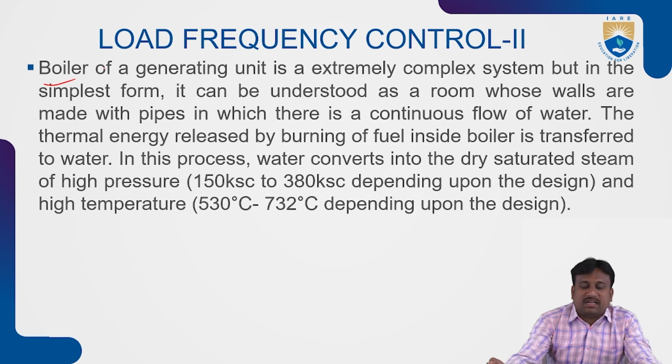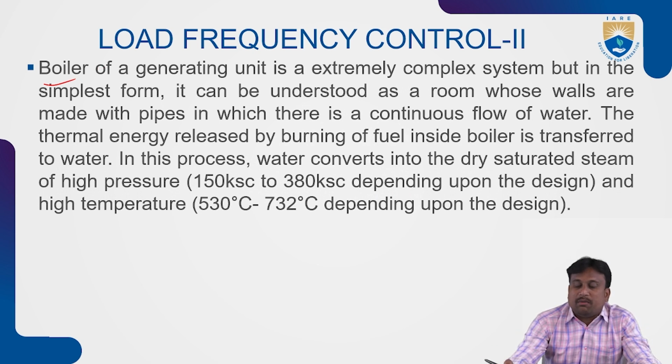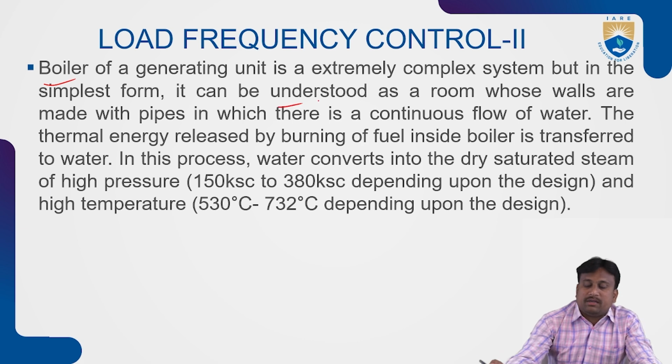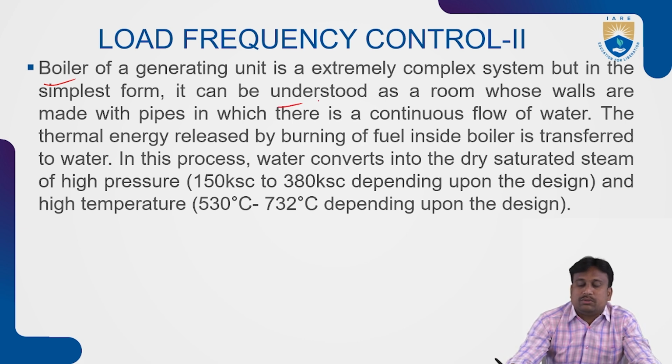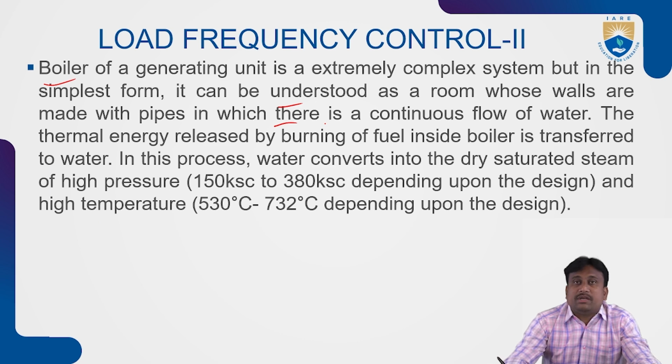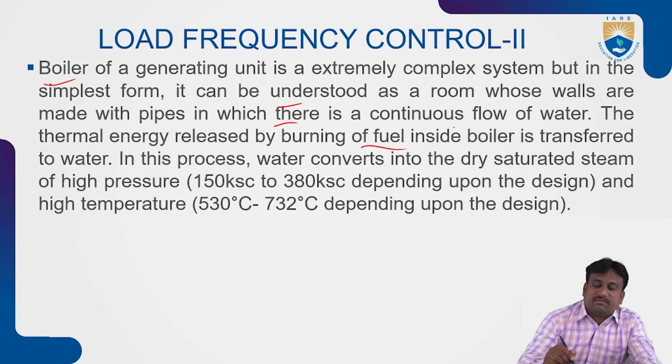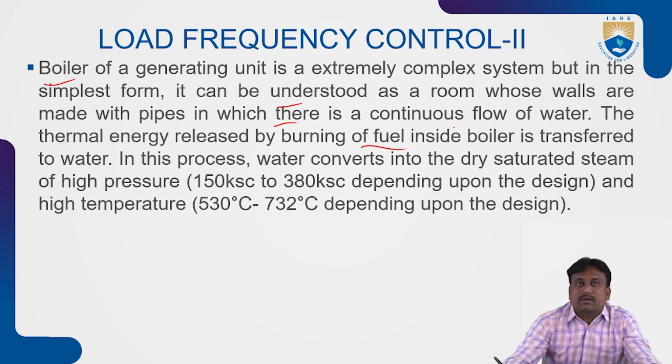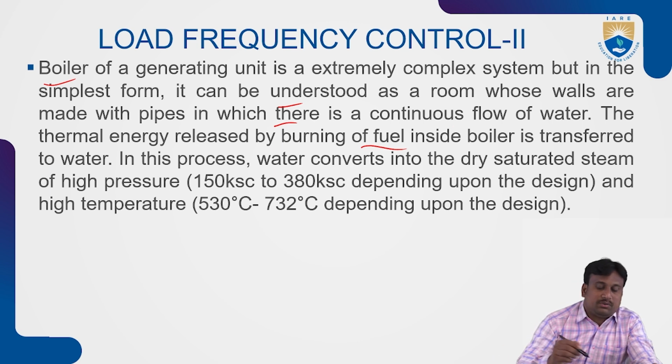The boiler of a generating unit is an extremely complex system, but in the simplest form it can be understood as a room whose walls are made of pipes in which there is a continuous flow of water. Thermal energy is released by burning the fuel inside the boiler and is transferred to the water.